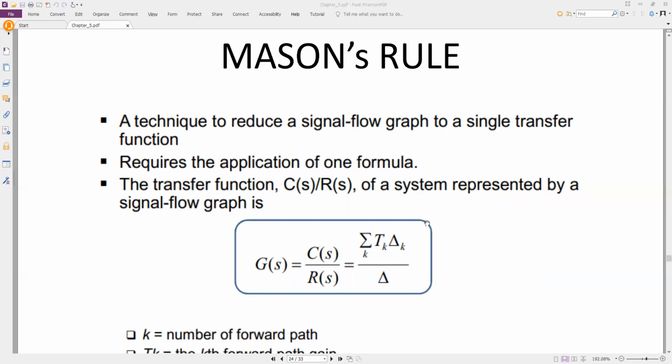It requires the application of one formula. And what is the formula? The formula is given here: G(s) = C(s)/R(s) = summation of T_k delta_k by delta. So that is the transfer function.